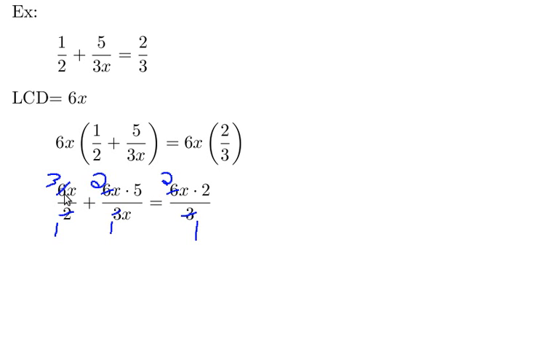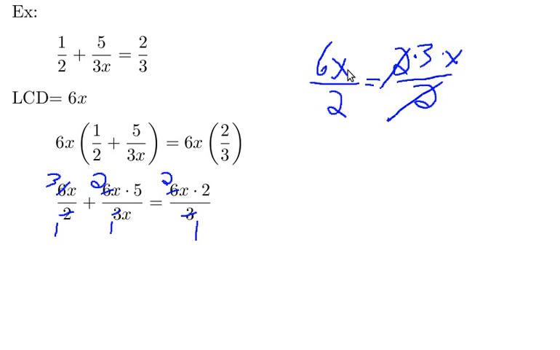Like I have 6x over 2. Since I have an even term here, I can say this is equal to 2 times 3 times x over 2, and the 2's cancel. You can think of it as a shortcut: I have something that can be divided by 2 and something that can be divided by 2, so I divide both by 2 and I have 3x over 1, which is just 3x.